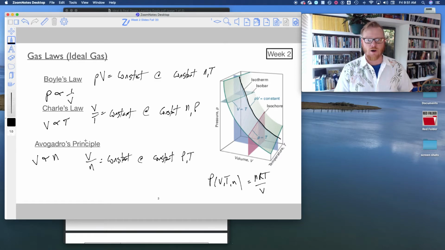So now Charles' law is V and T are proportional. And by the way, sorry, Boyle's law gives us an isotherm. Iso meaning the same, isotherm, so temperature is constant. And we can see on this line, right, this is a line of constant temperature. Charles' law gives us an isobar. So that's a line of constant pressure.